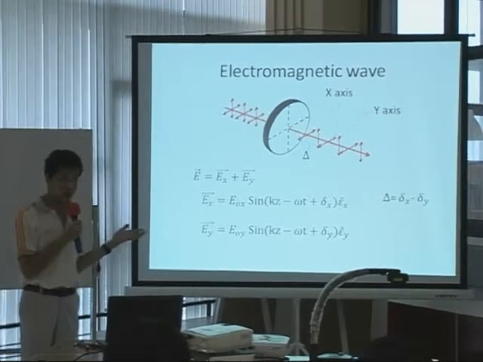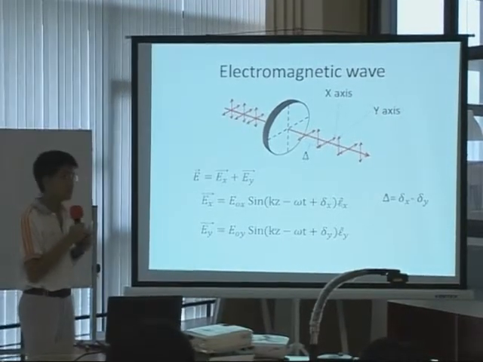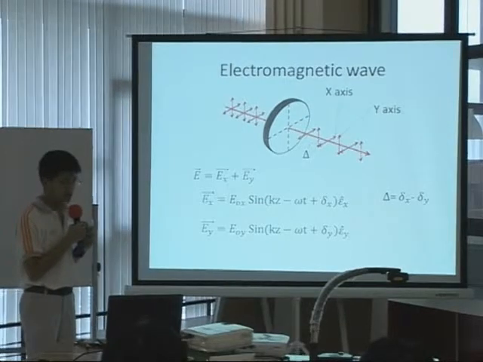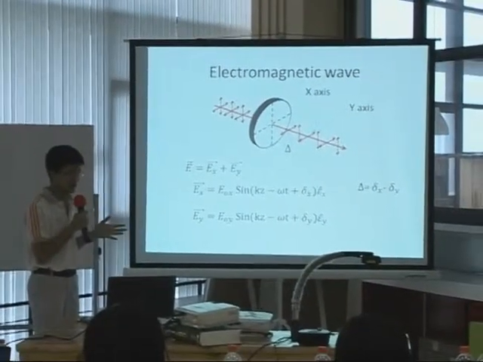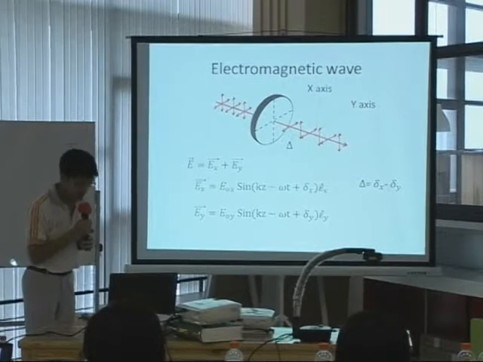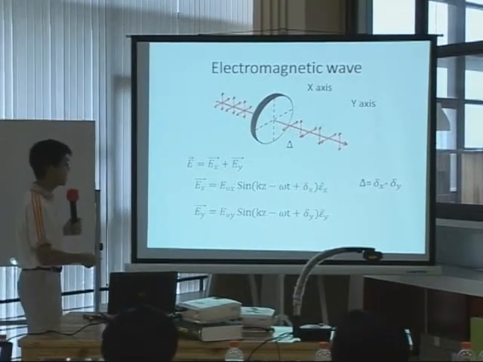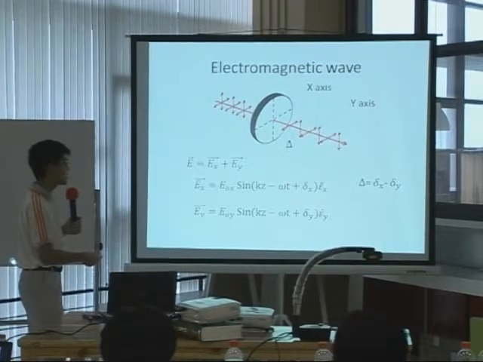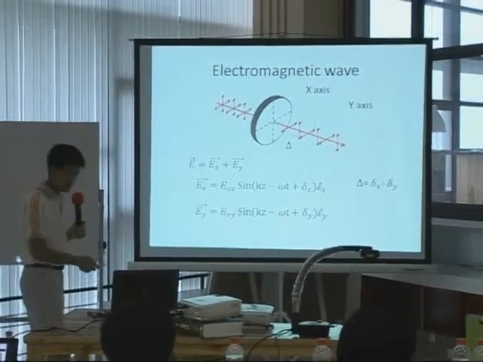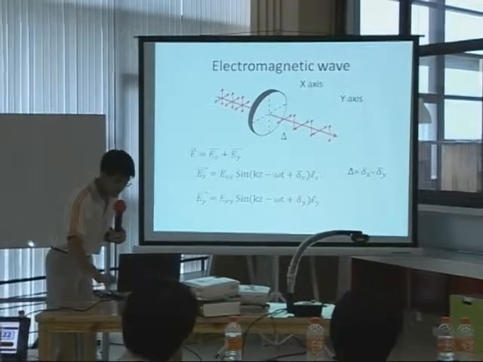This is the equation of the oscillatory of the electric field, which this thing over here is called polarization. It is the direction of the oscillatory of the electric field.